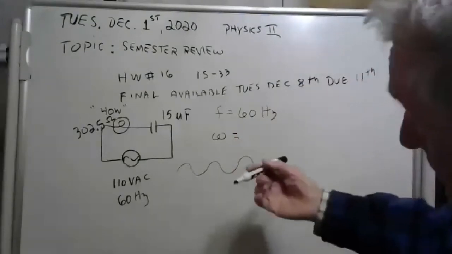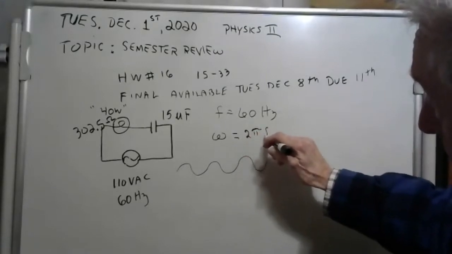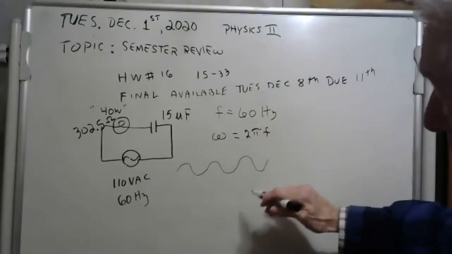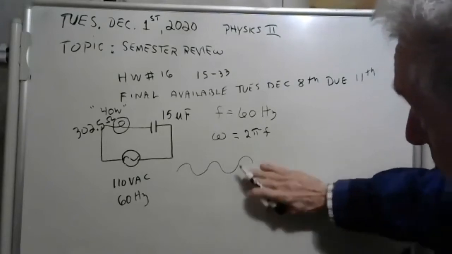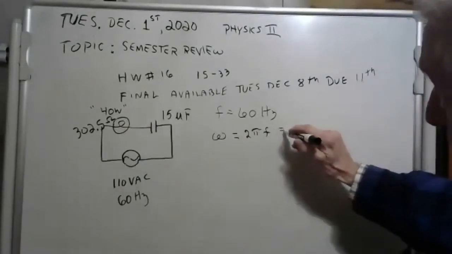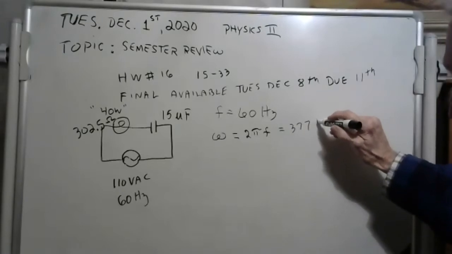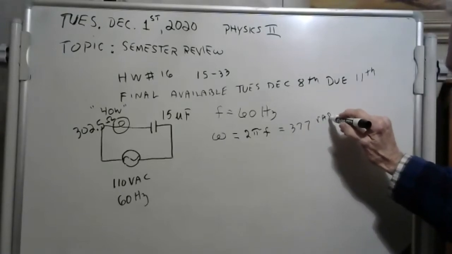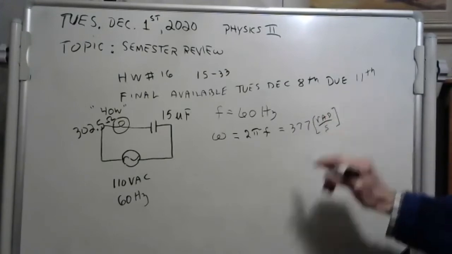And the angular velocity is equal to 2 pi f. So what is the angular velocity? 377. You got it. It's equal to 377 radians per second. Now, radians are dimensionless, but I'll go ahead and write them out. They're not really a unit.